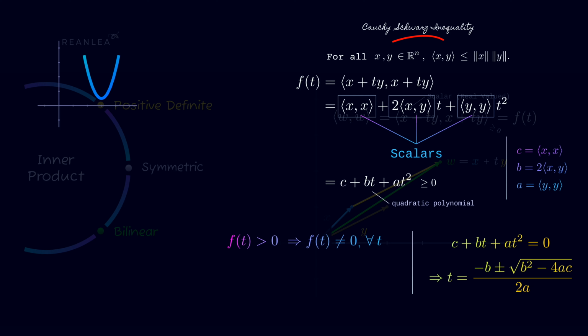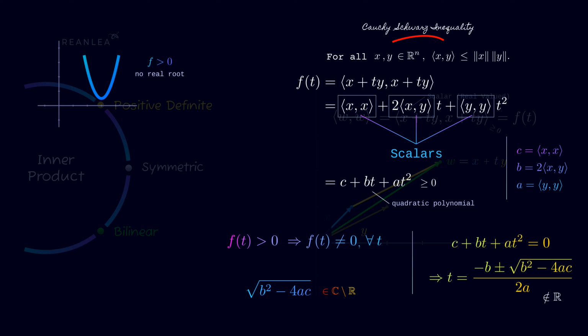Now here in this particular case, f(t) is greater than 0. That is, f doesn't have any real root. And obviously, that can only happen when b squared minus 4ac is less than 0, which means the square root of b squared minus 4ac is a non-real complex number.